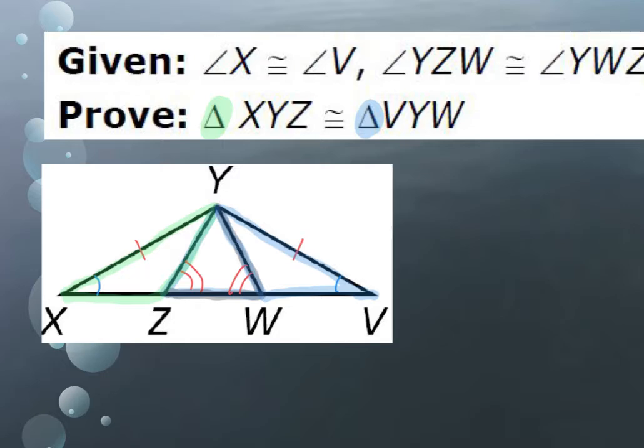Well, we have an angle and a side in both of those triangles. Does anyone know? All we need now is another angle. Doesn't matter which angle. How could we figure out that two of these angles are congruent inside of the green triangle compared to the blue one?